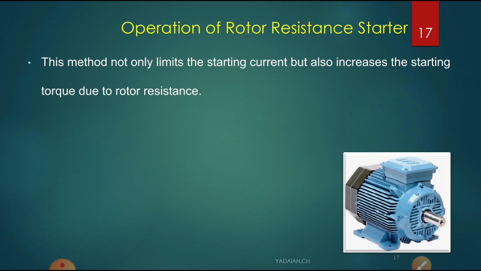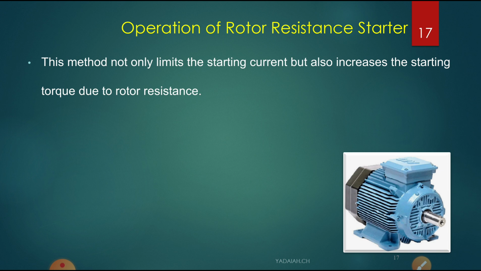So where we require that type of application, we can prefer these slip ring induction motors. For example, in lifts and hoists, where initial torque and pickup are required. Under normal running conditions there is no need for the torque, but initially the starting torque is required, as I explained previously.